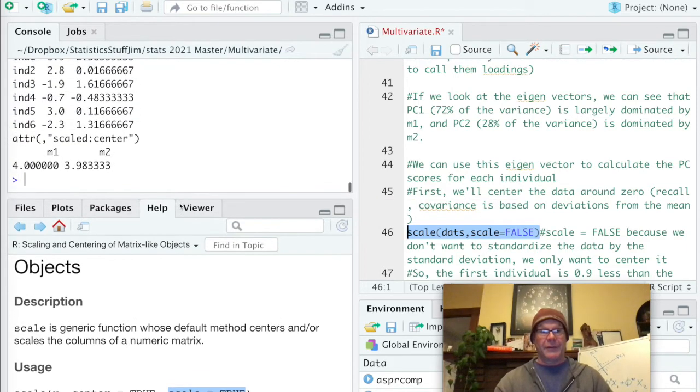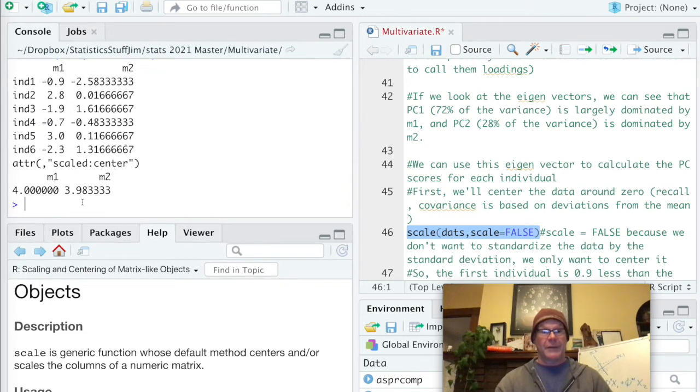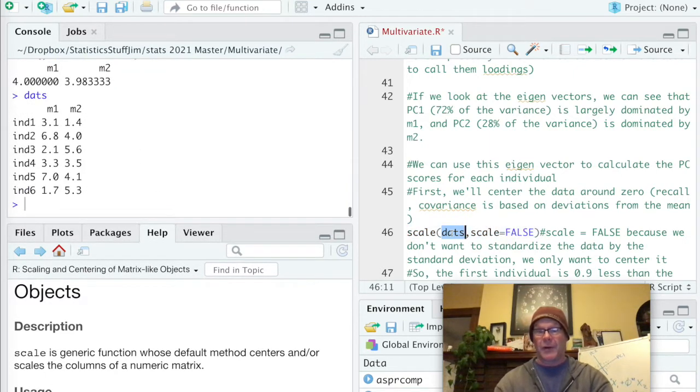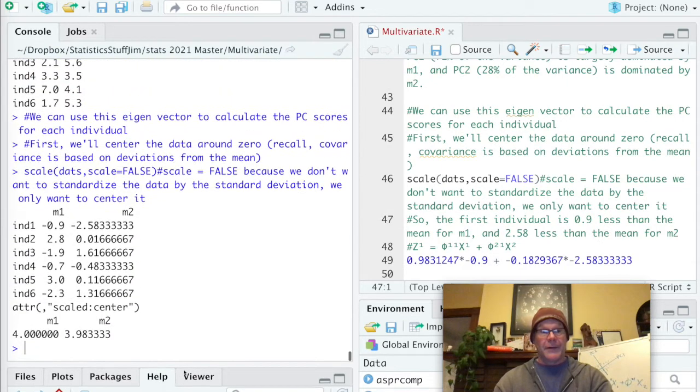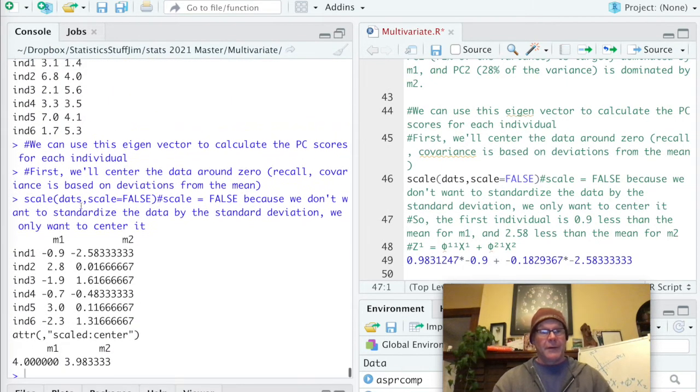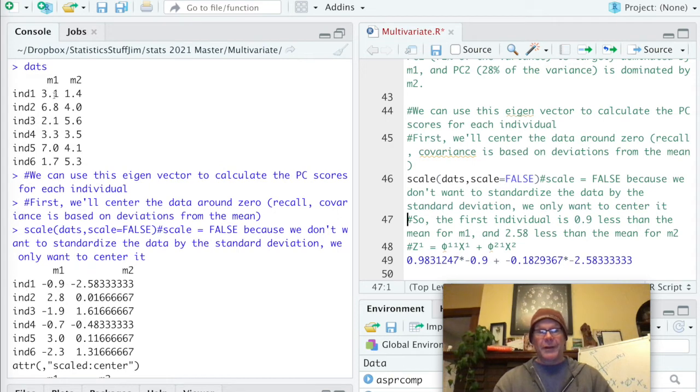Now let's start with our raw data, the data we put into the prcomp function. Then if we look at the centered data, this individual, individual 1, which was 3.1 for measurement 1, is 0.9 less than the mean across everybody for measurement 1.